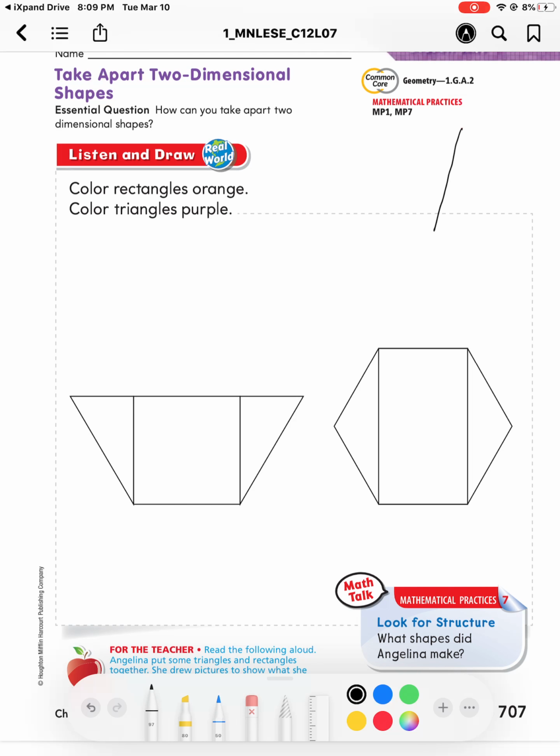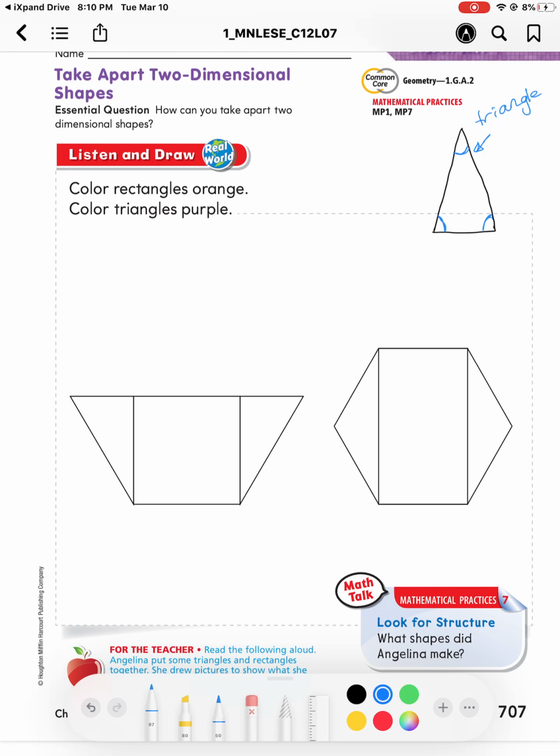It should have three sides, right? And it should also have three vertices or three corners. We can call it corners or vertices. This is how a triangle may look. So the most important criteria of a triangle is that it is a two-dimensional shape that has three sides, three vertices or corners.